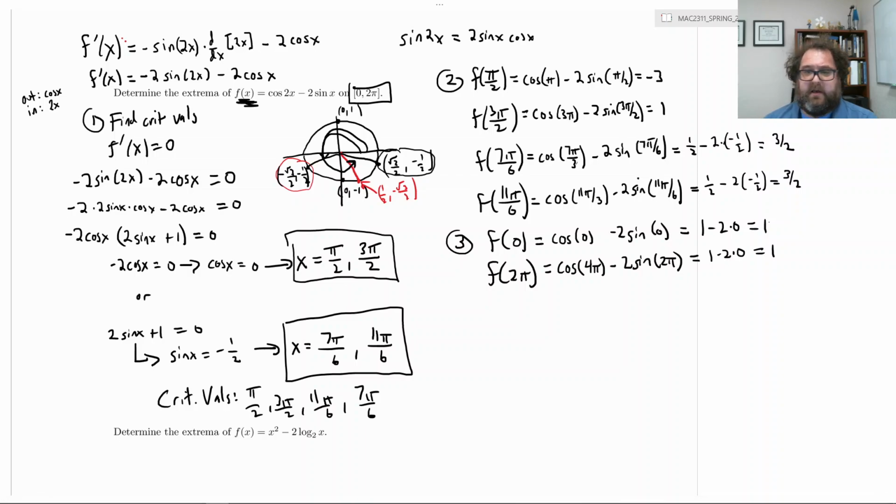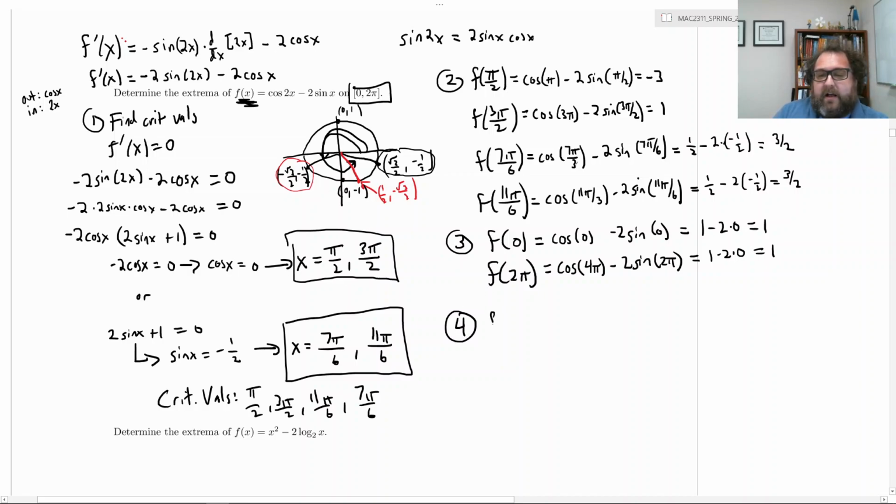Step 4 is just to identify the least and greatest. Since there are so many here, I'm not going to write them all out again because I guess I'm being lazy. Never mind, I won't be lazy. I like to always do the same steps. I have to fight the urge to be a little lazy.